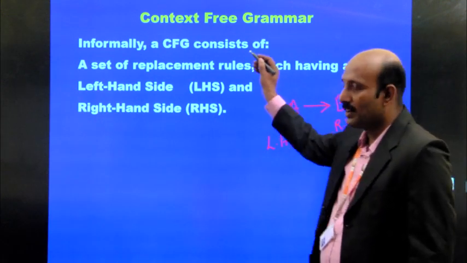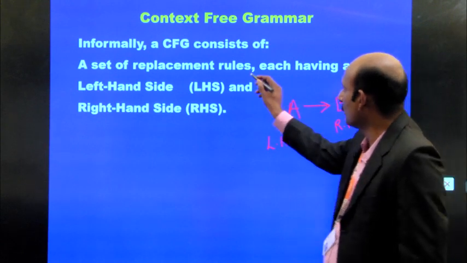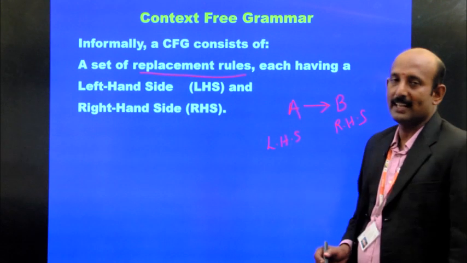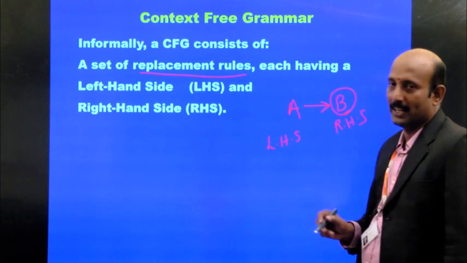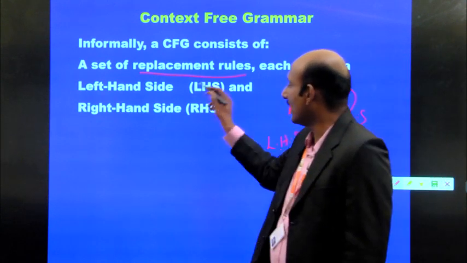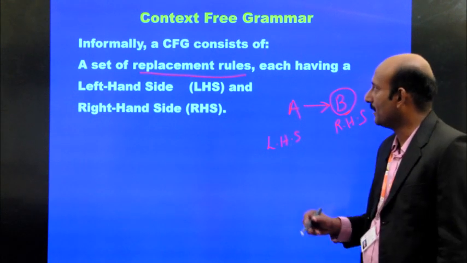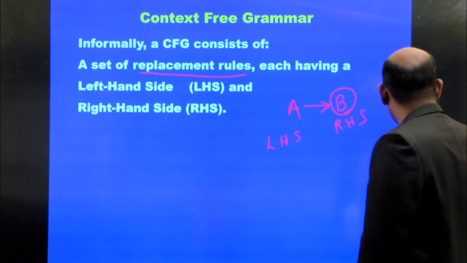So here the context-free grammar consists of a set of replacement rules. That is the replacement. What we are going to replace is the right-hand side. Each rule has a left-hand side and a right-hand side, and the next operation is replacing.